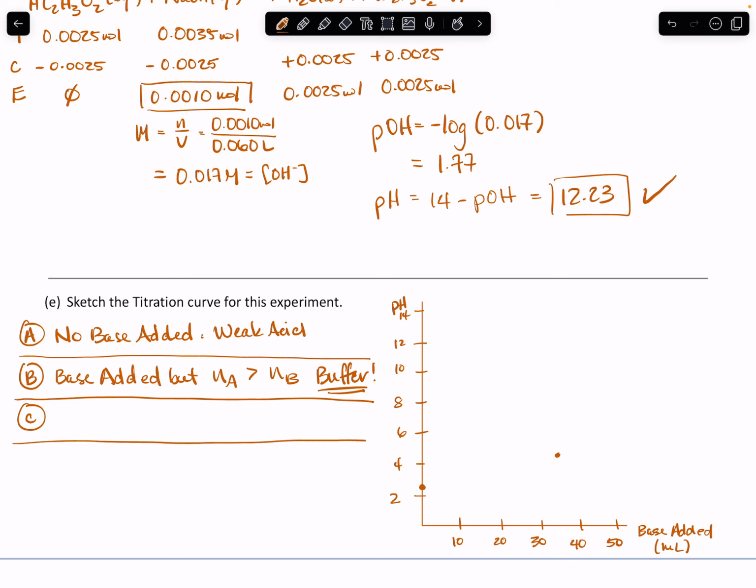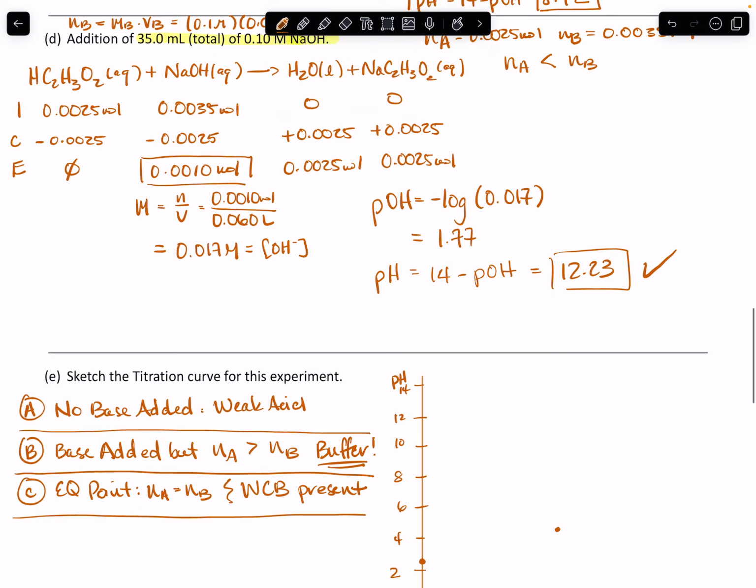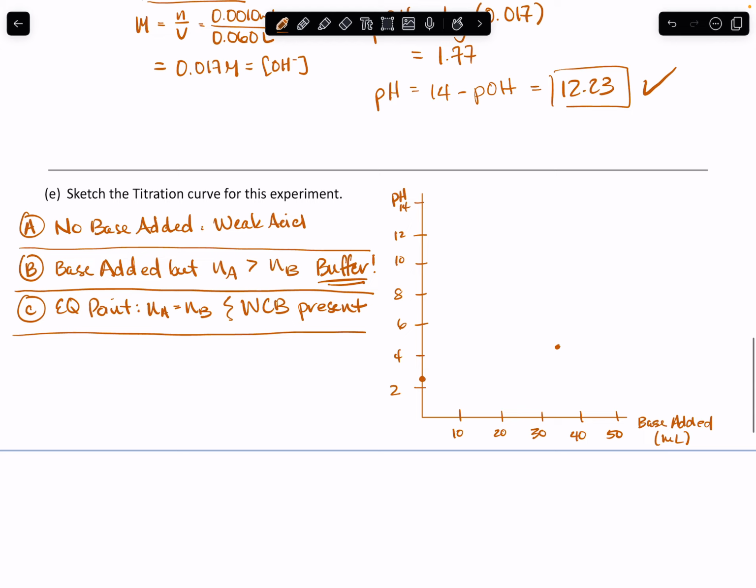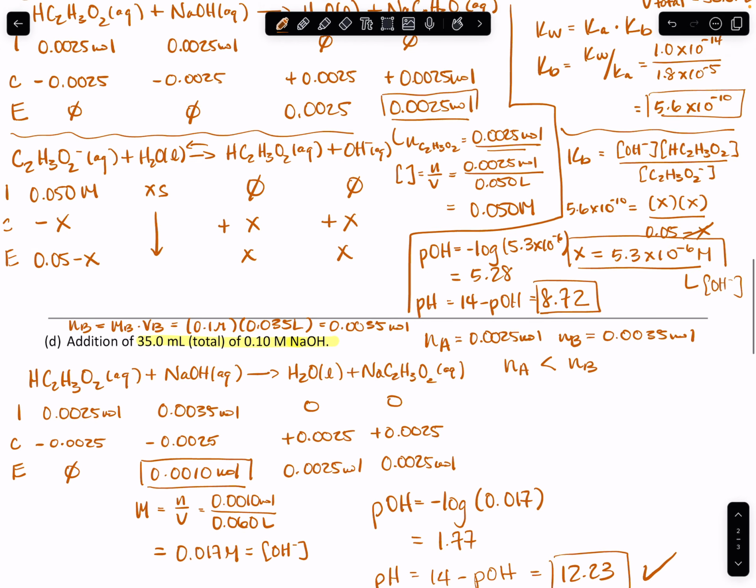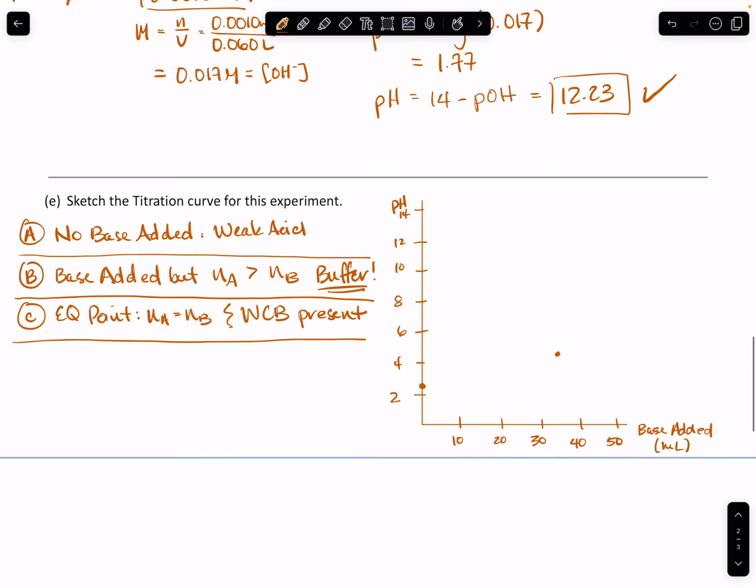C, this is our equivalence point. So the moles of the acid equal the moles of the base. So weak conjugate base present. Because of that, I would expect to see the pH move up above 7. And in fact, we found it should be 8.72. We've added a total of 25.